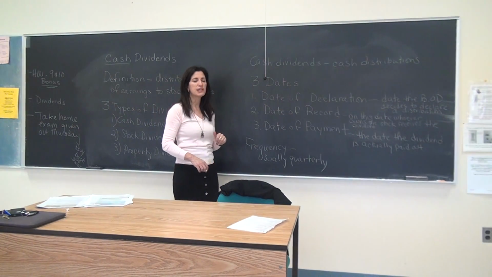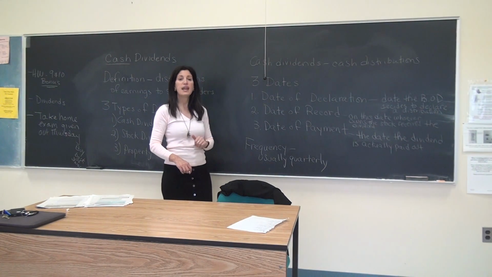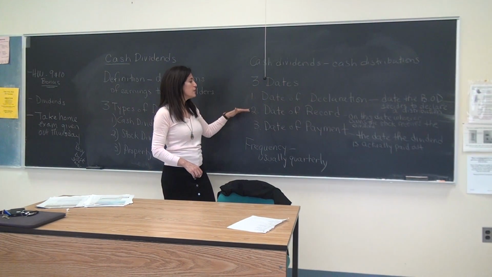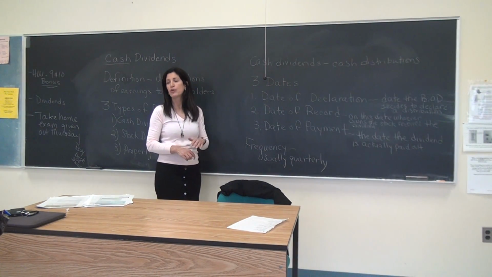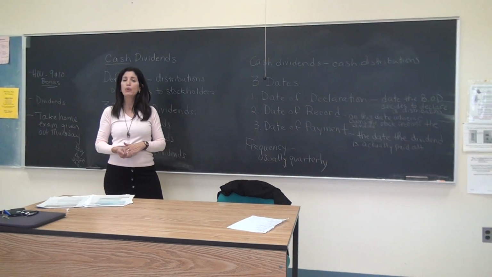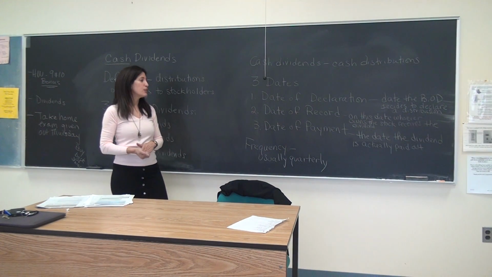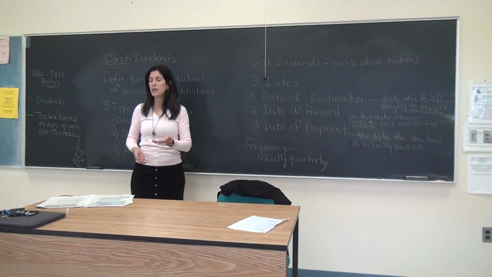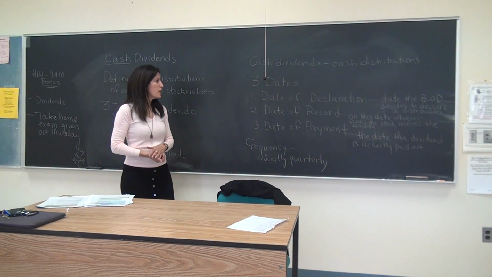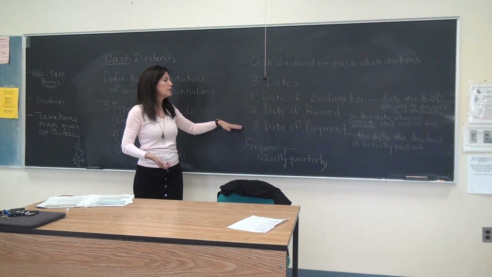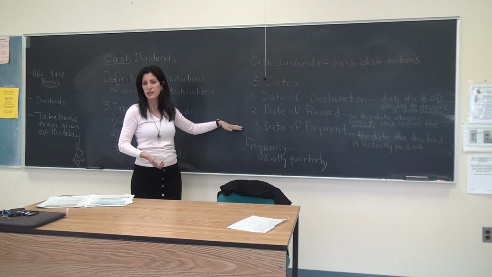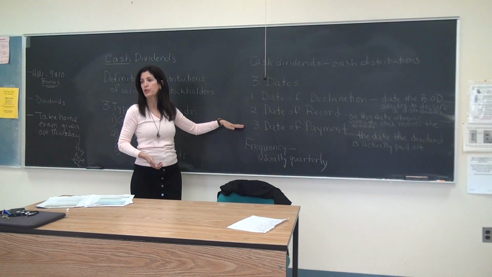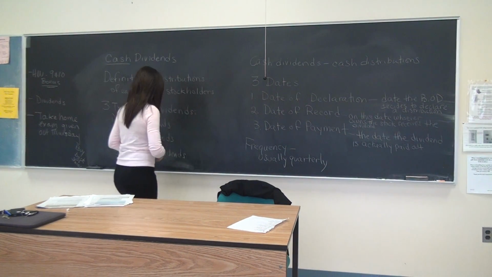Date of declaration is the date the board of directors says, yes, let's declare a dividend. This happens quarterly. The date of record is the date that the board decides that anyone who owns that stock on that date receives the dividend, and the date of payment is the date that the dividends are actually paid. There are journal entries associated with two out of three of these dates. That's what you're going to be responsible for producing.